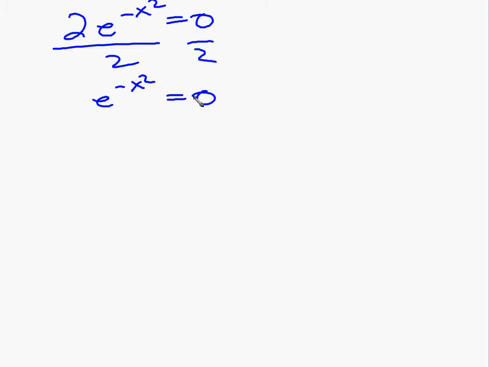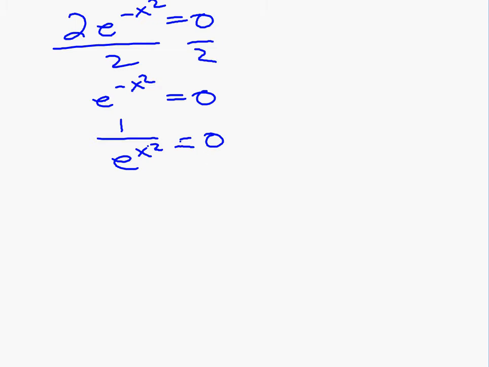And I have a negative exponent, so wouldn't this be 1 over e to the x squared equals 0? Now, let me ask you a question. Let's look at this function.